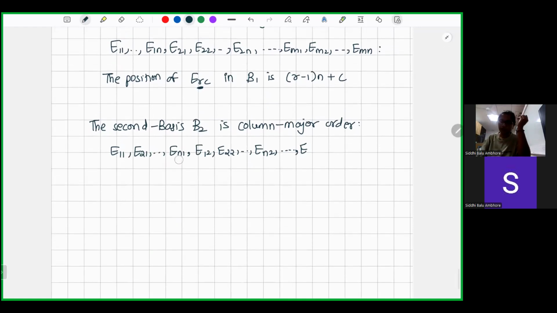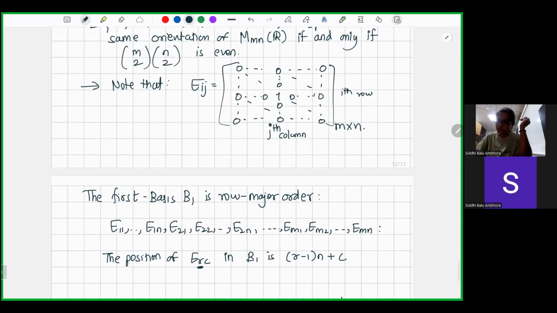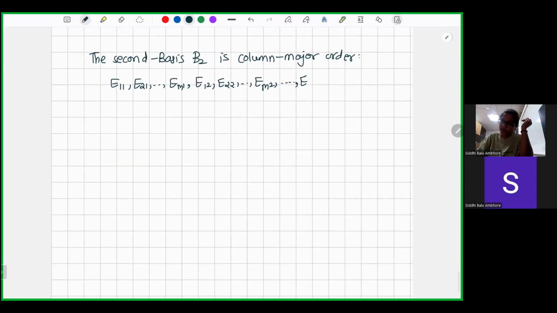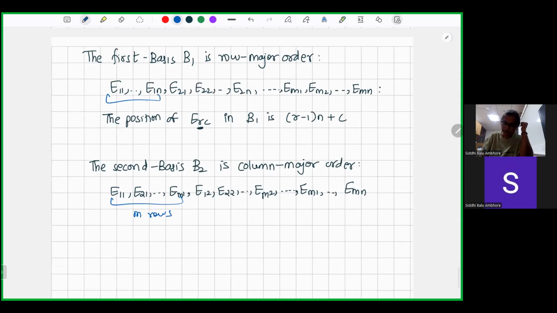Oh, sorry, we have m rows only. Rows are m. So this will be Em2, this will be Em1, and then we are going to Emn. So these are m rows. Sorry, these are m rows. Let me write here n columns.